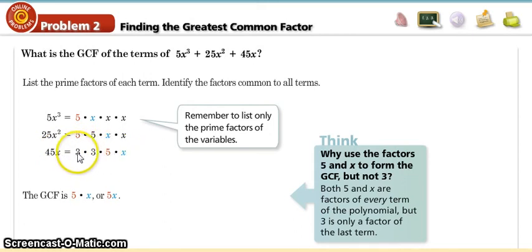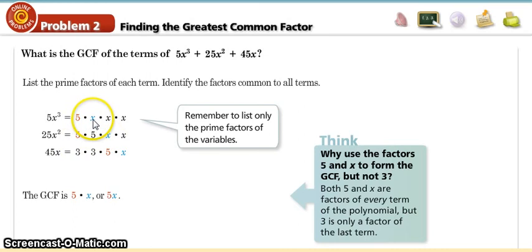Now, a lot of times people will not worry about the coefficients here. They can find the greatest common factor, but they will write out the variables. Just ask yourself, how many x's do all three of these have in common? I'm not asking how many x's they have together. That would be addition. I want to know how many they have in common. This one has 3, this one has 2 x's, and this one has 1.